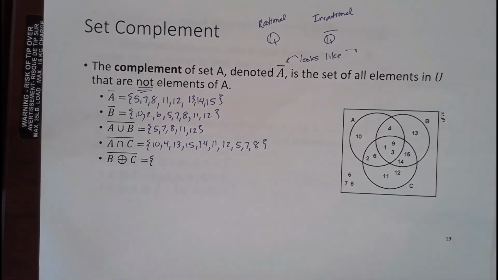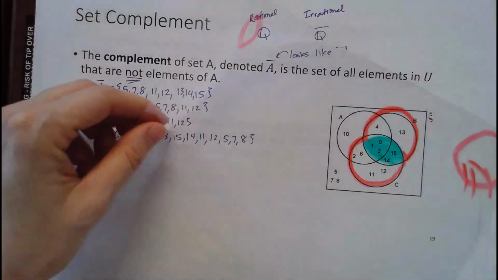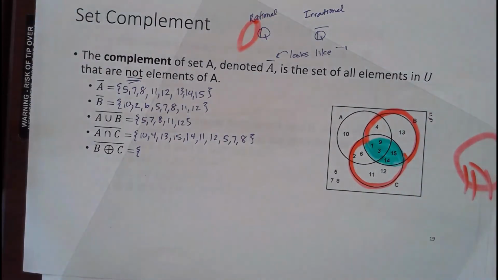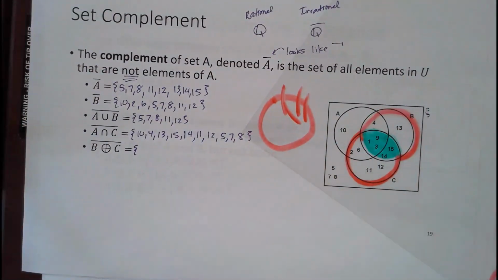All right. So B, symmetric difference C. Okay, we might have a picture for that one. Okay, forget that one. All right, so B, symmetric difference with C. So we got rid of that stuff and put that, so that stuff. And now we need to do the complement of that.